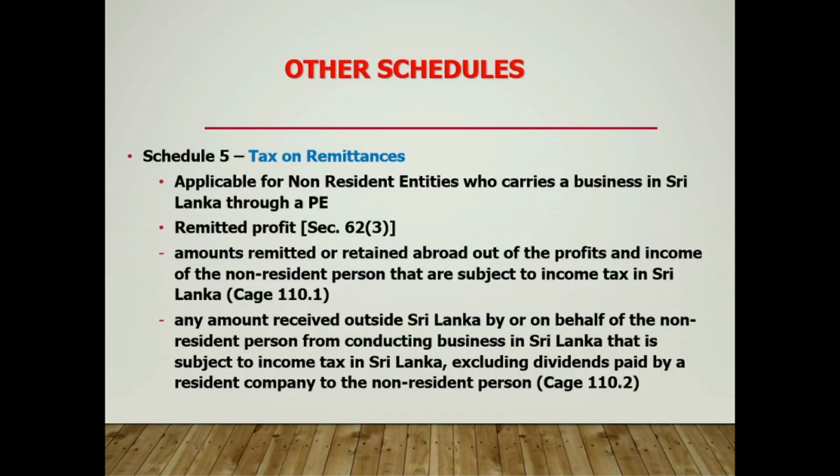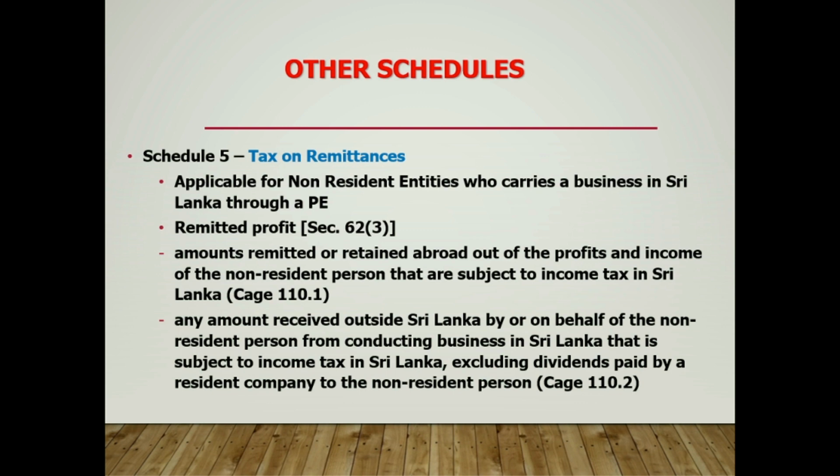So from my example, I have discussed all the relevant schedules other than a few schedules. So I will explain the applicability of those schedules as well. Schedule 5 is applicable only for non-resident entities, and if they have remitted any profit during the year, then this Schedule 5 should be filled.